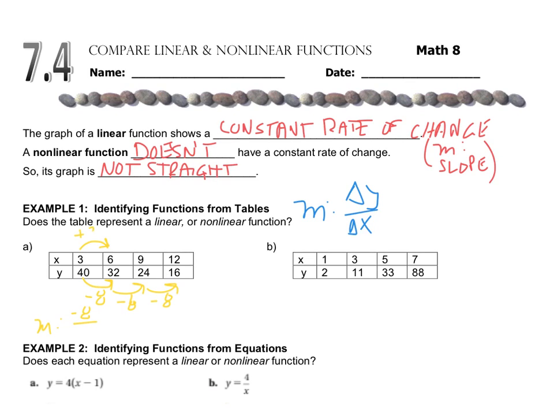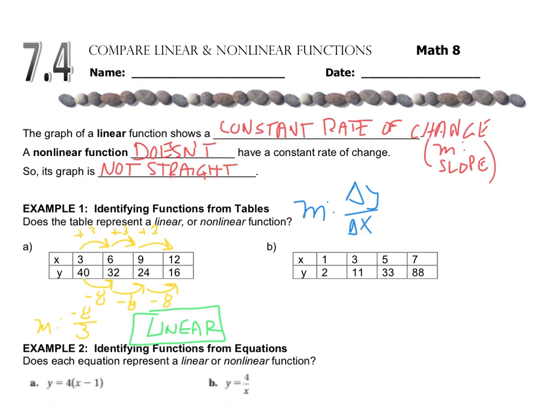Plus 3, plus 3, and plus 3. So that would mean, yes, we do have a steady slope of negative 8/3. So what we would say is this first table is linear.